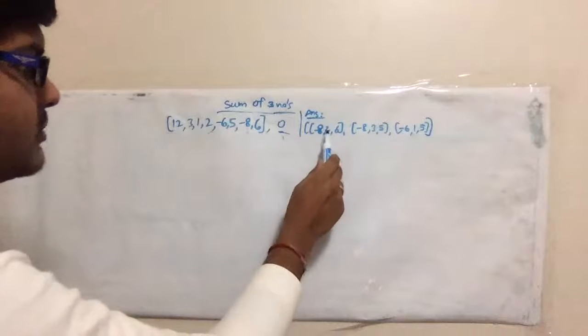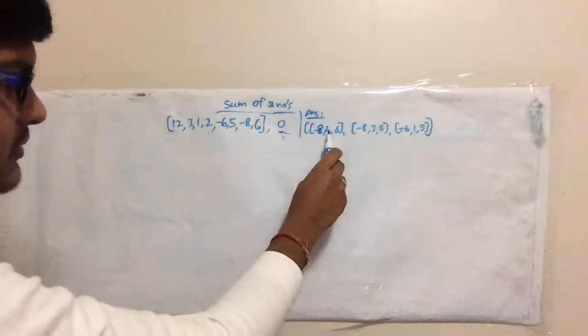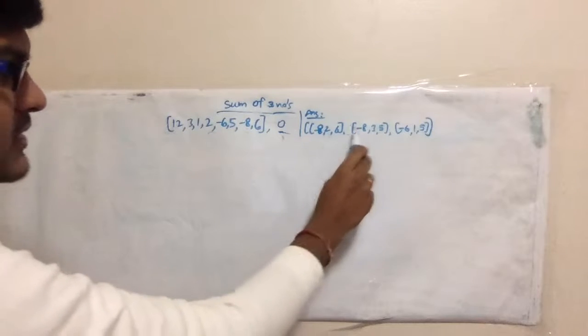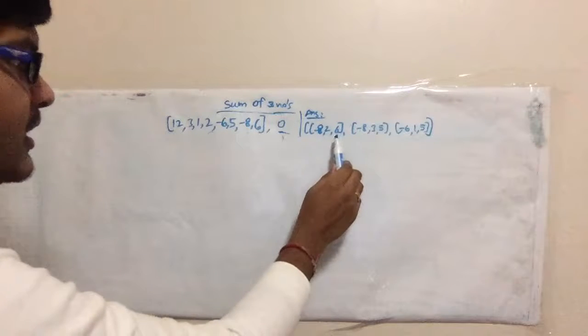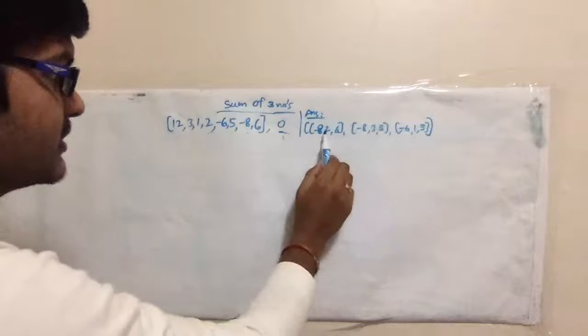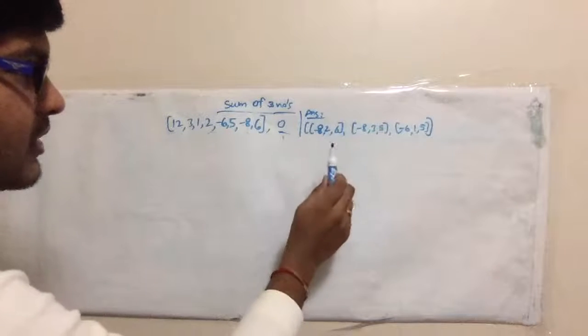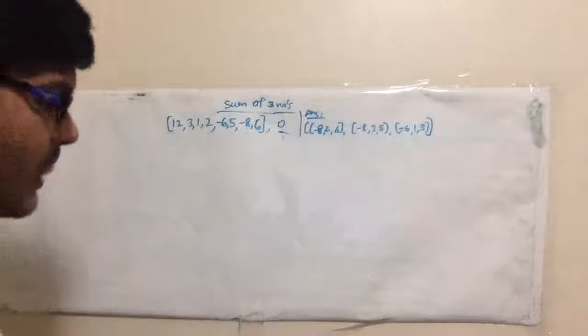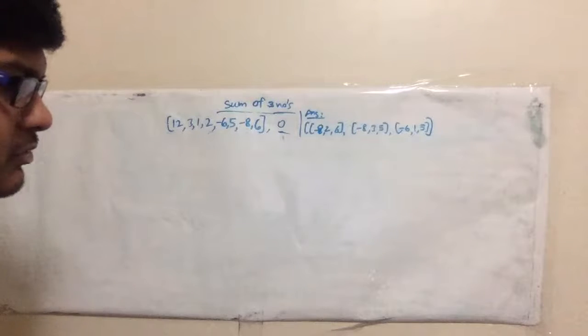So whenever possible, the numbers in your list should be ordered such that, for example, -8 is first, then it will check for the second number, and so on. That is the way the ordering should be.